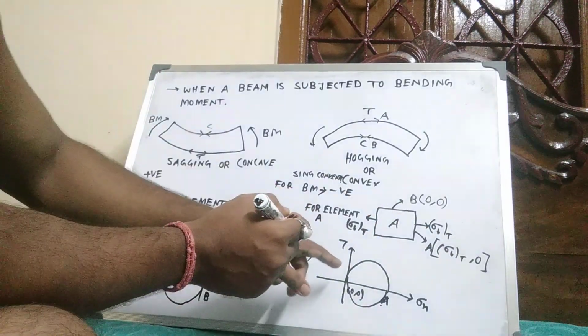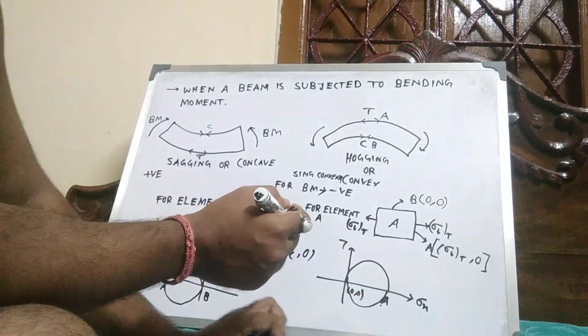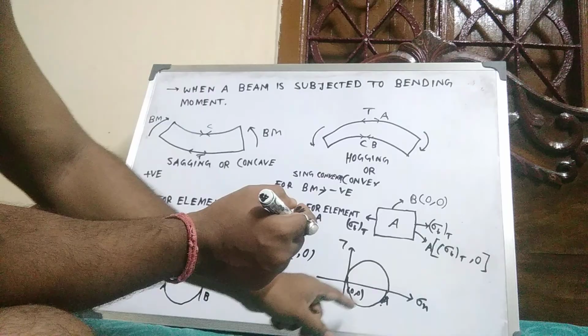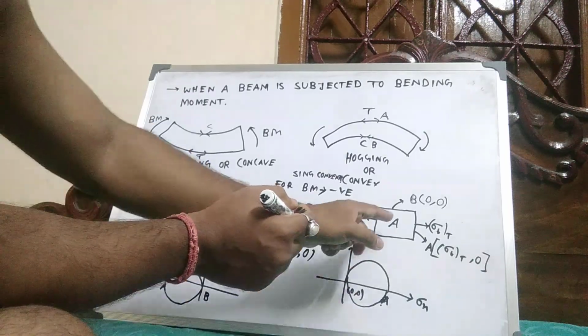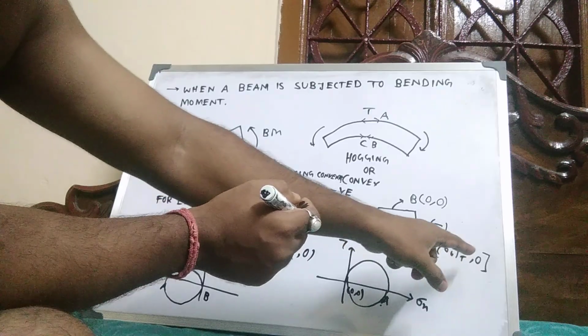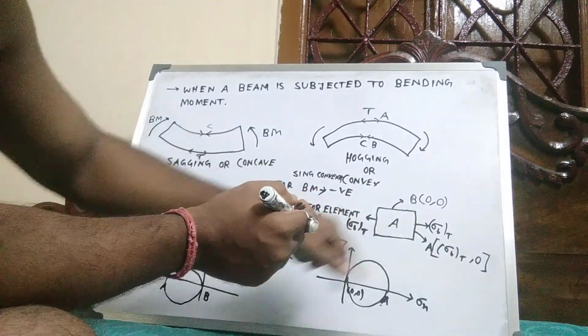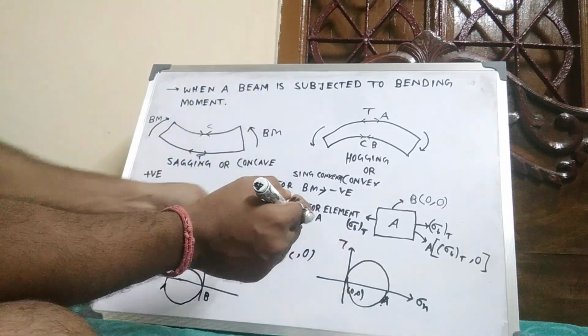Draw the Mohr circle on the sigma n versus tau plane.